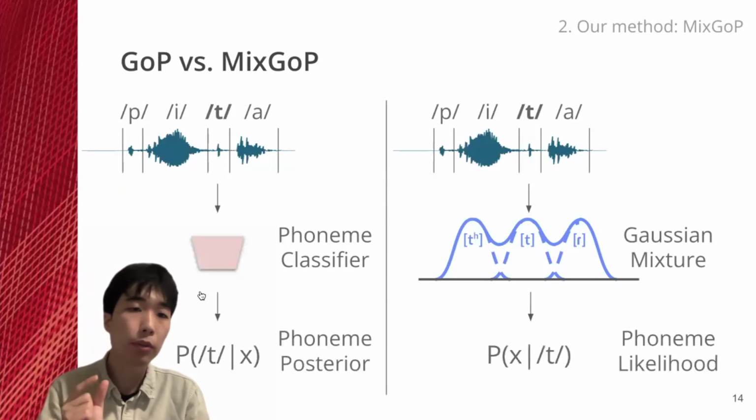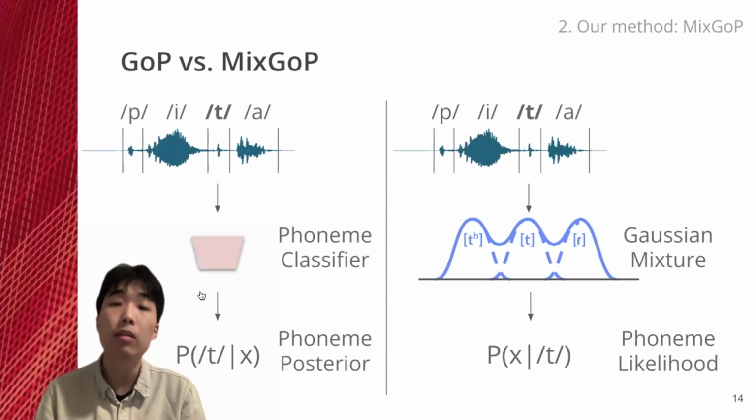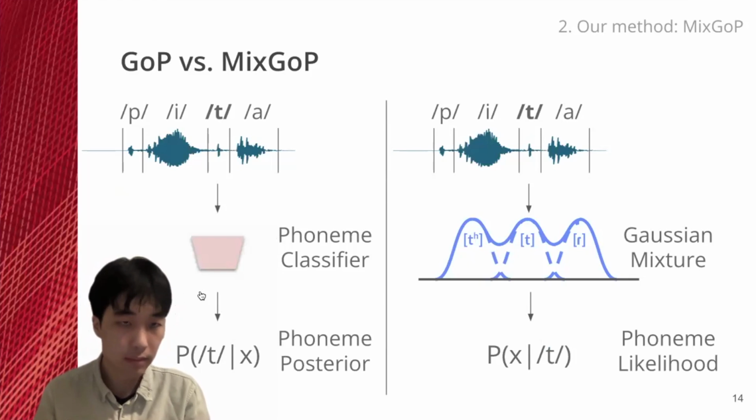And we swap the phoneme posterior, the classification softmax score, with the phoneme likelihood to avoid the softmax function, to model the out-of-distribution or atypical speech well. So in our case, the smaller the likelihood, the more atypical the input was, okay?